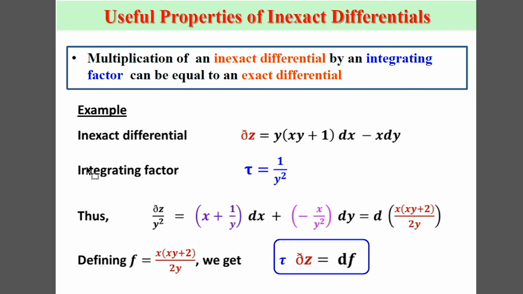If I have an inexact differential of this form and an integrating factor tau, which is 1 by y square, then the total differential of z with respect to y square is (x plus 1 by y) dx plus or minus x by y square dy. Just plug that into the equation.